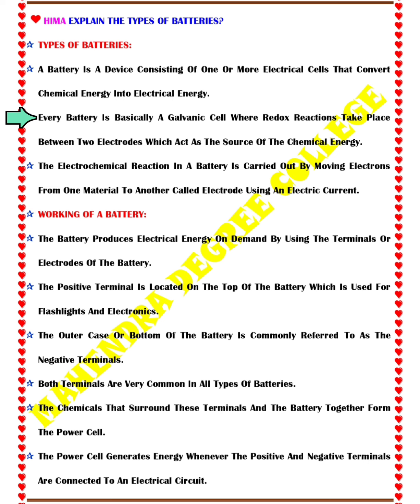The electrodes and the chemicals around them are where the energy is stored. When the redox reaction happens, this stored chemical energy is converted into electrical energy.